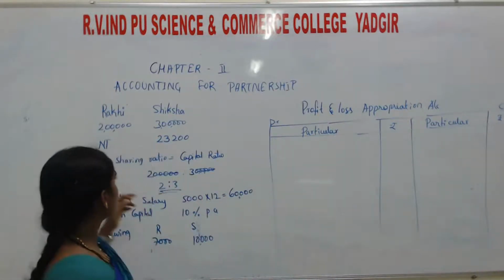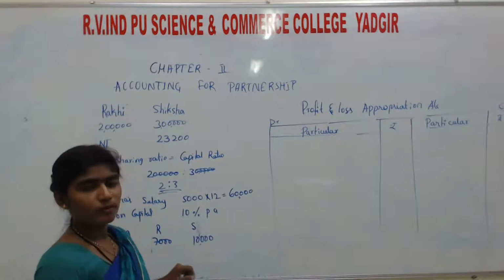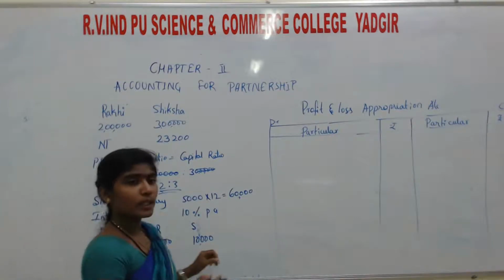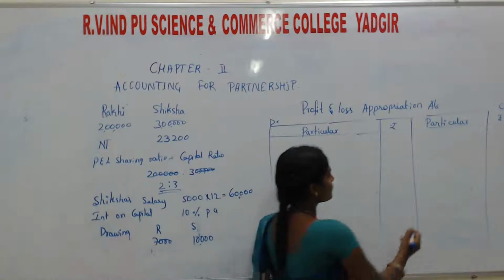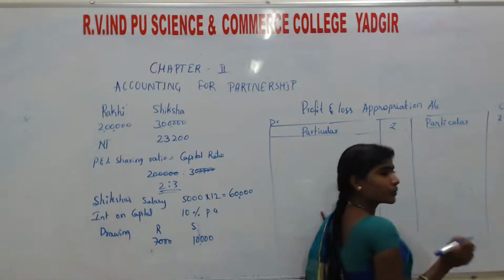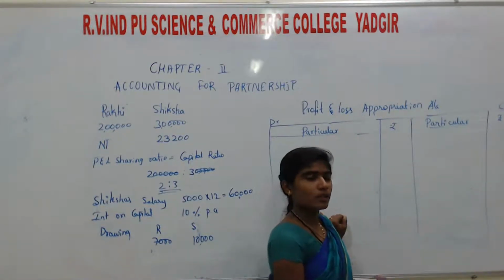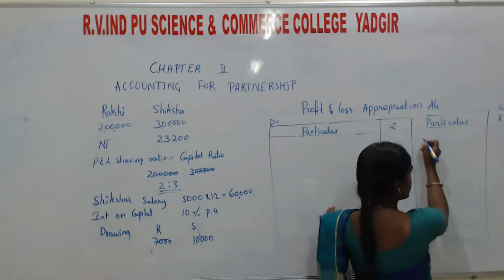First, there is the net profit of the firm, before allowing partners' remunerations or adjustments.